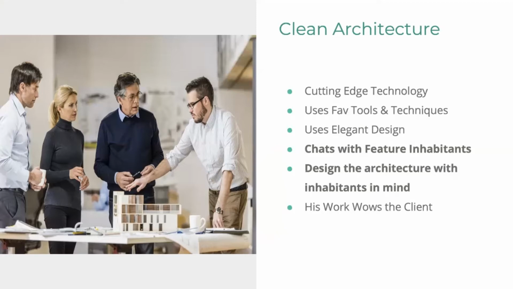He goes and talks to the future inhabitants of the system, meaning the end users of the system, the developers who develop the system, and the users who maintain the system.